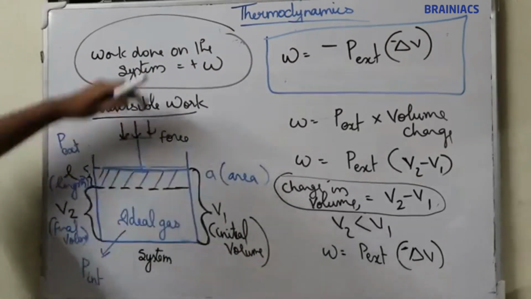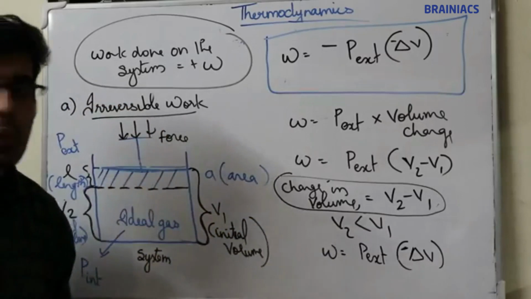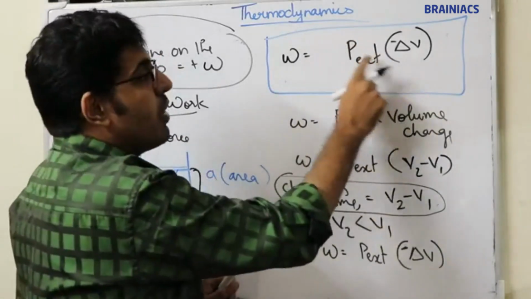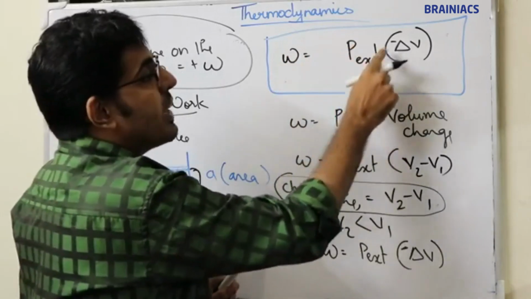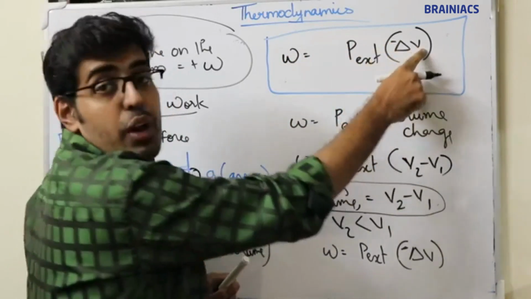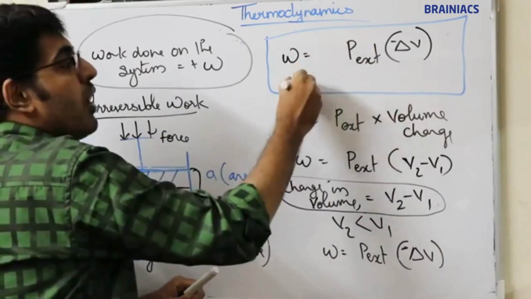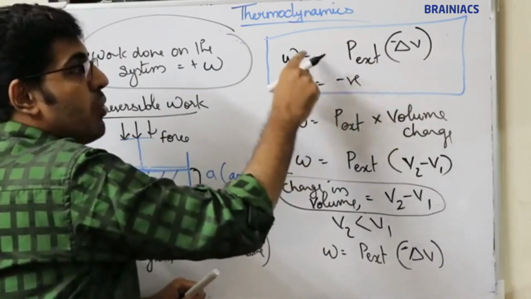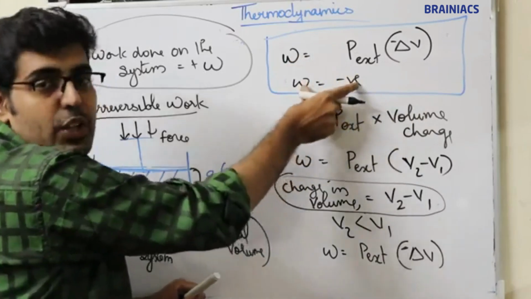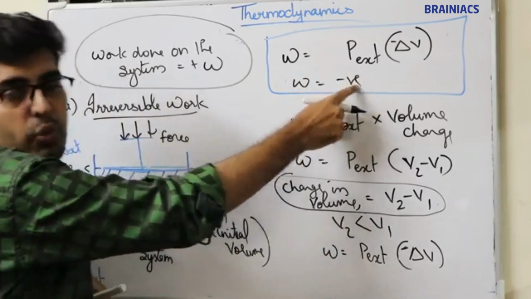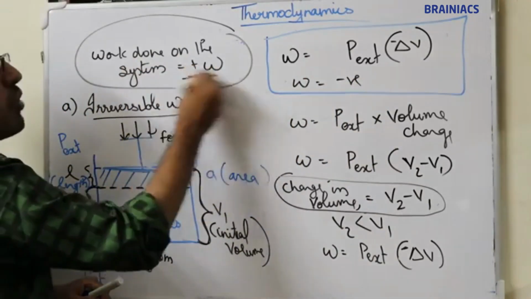Compression work is always positive, but if we neglect to put a minus here, we will get W equal to minus P external into minus delta V. Since it's a compression work, we will not get negative work, because compression work is positive.